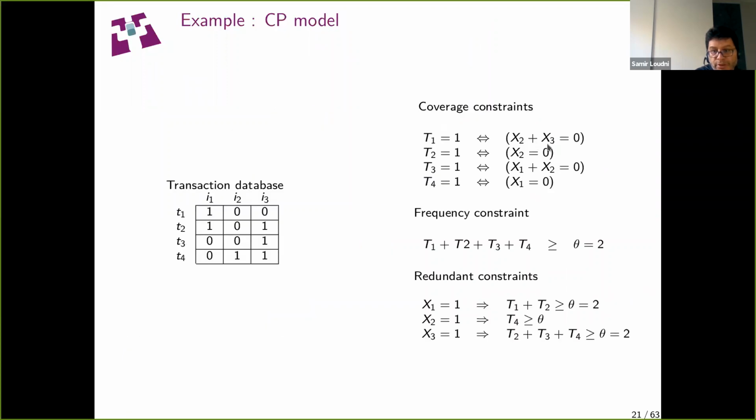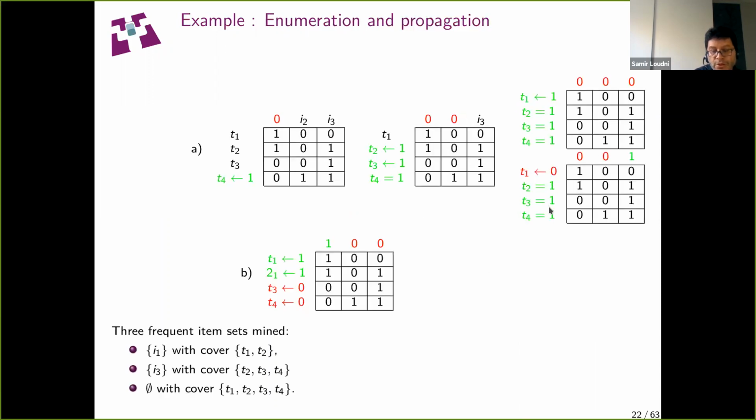Here, if x3 takes value 1, this constraint is falsified, so T1 takes value 0. So this is an example of factoring that can be performed by using this verified constraint. Another situation is when assigning value 1 to item variable x1.